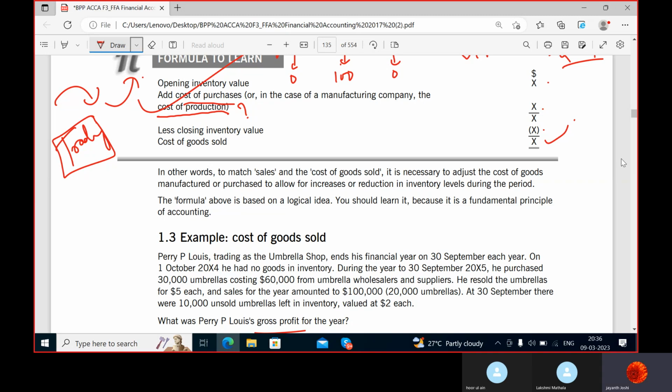I'm expecting the answer fast. So let us see how to do this question.